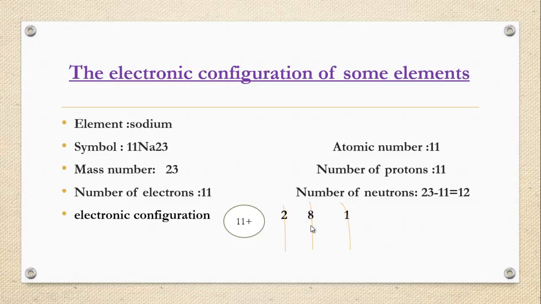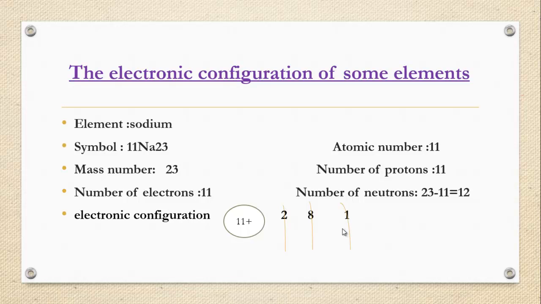Can you put 9 electrons here? No. Why? Because the L level is saturated with 8 electrons only. 2 plus 8 equals 10. But we have 11. 11 minus 10 equals 1.